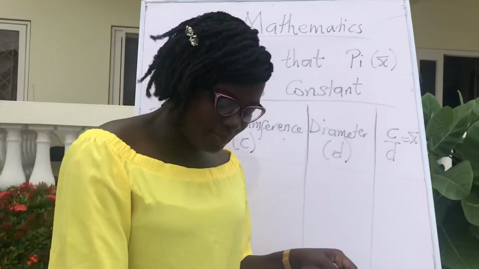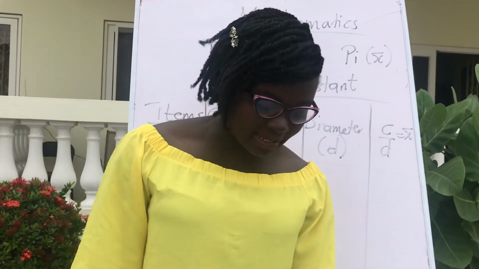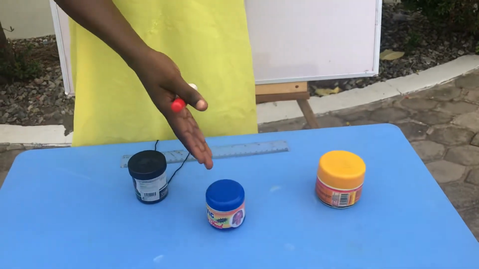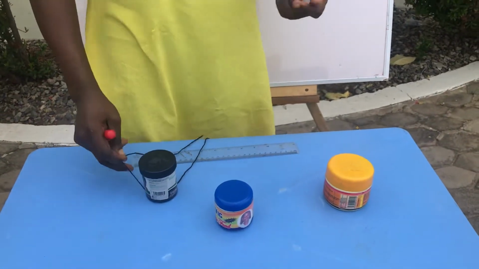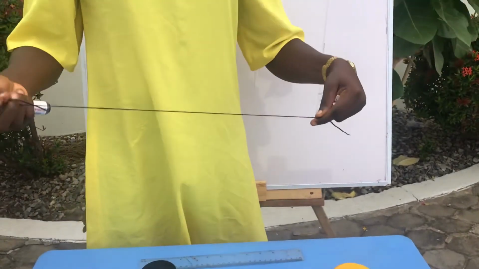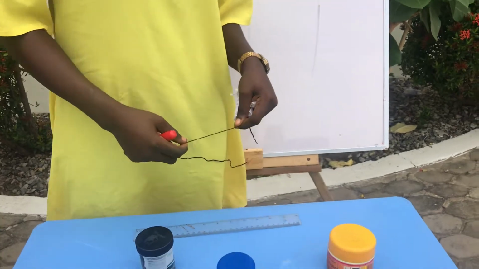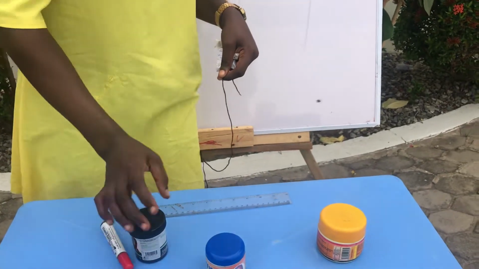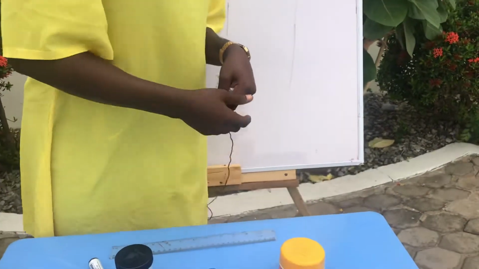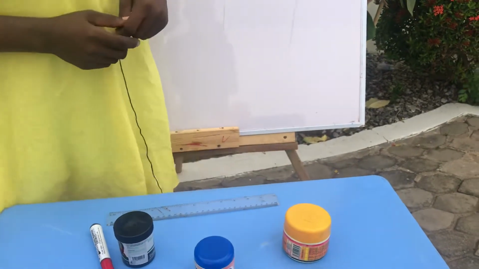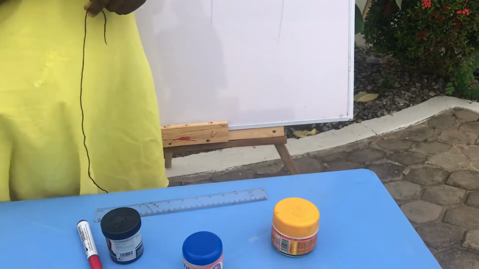So before me, I have some items over here. This is item number 1, 2, and 3. Then I have my thread here plus my ruler. So I'm going to pick each item, then find the circumference of each item and record our answer.